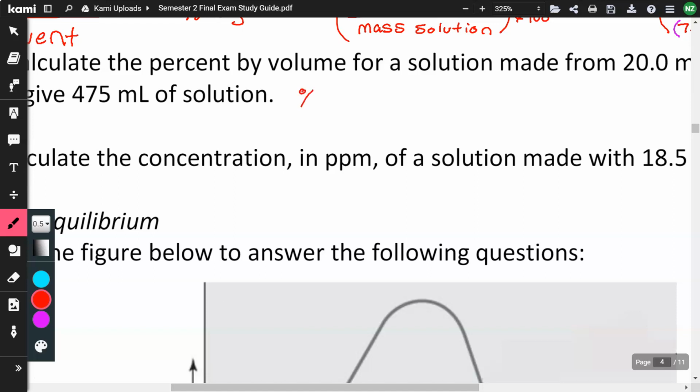So our percent by volume, it's the same exact formula. It's the volume of the solute over the volume of your solution times 100.